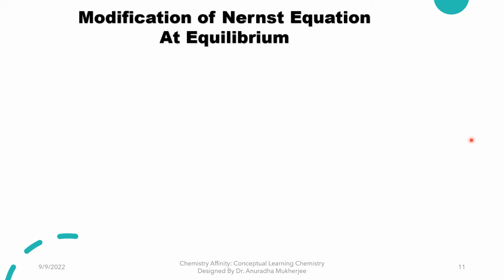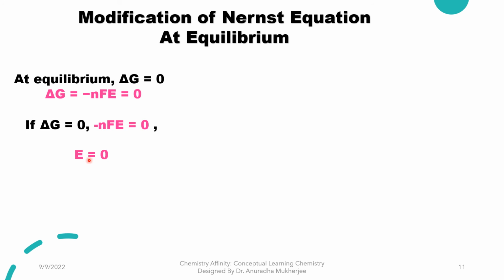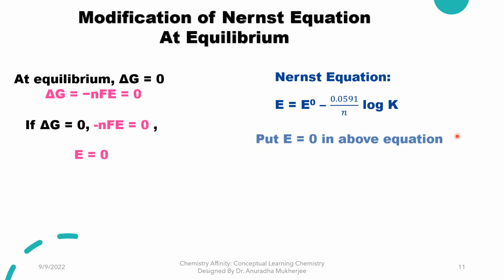Now let's see what happens in the Nernst equation at equilibrium. At equilibrium, delta G equal to 0. If delta G equal to 0, then delta G equal to minus NFE is also 0. So from this equation we can see that E is also 0. Now this is the Nernst equation.